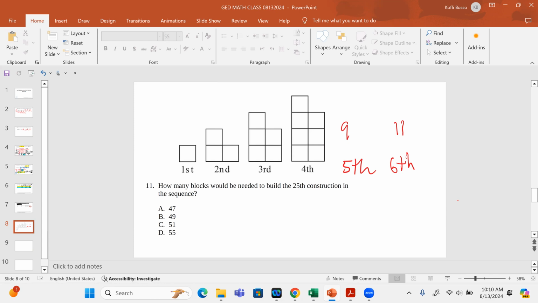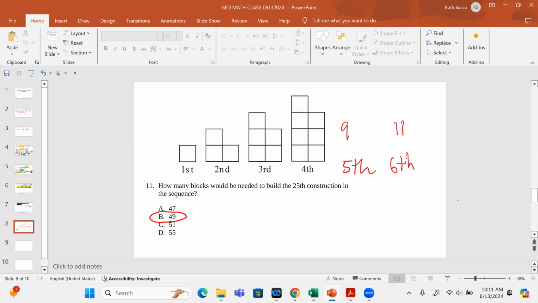Okay. So what is the pattern here? How do we figure out 49? Can you explain the pattern? For 5, we say 9. For 6, you say 11. Okay. So for 25, you say 49, which is correct. Then can you explain to me what is the pattern here?